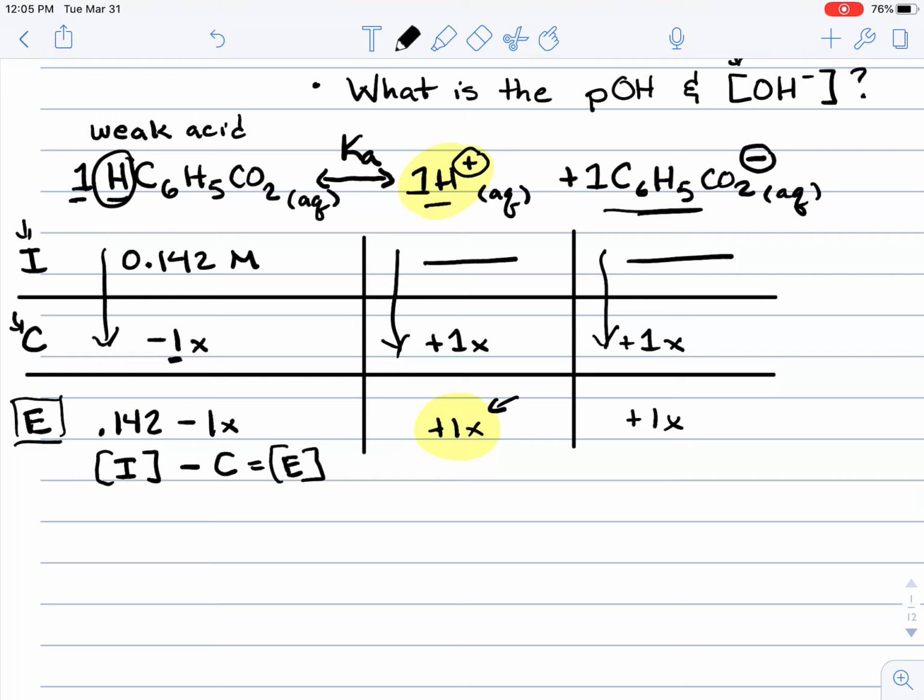Whenever you're ionizing your hydrogen from its compound, you're describing the separation of it. And so therefore, it's going to be represented by Ka, the ionization constant of the acid.